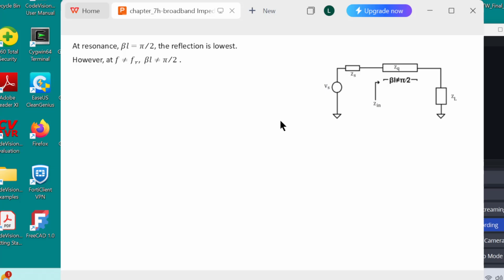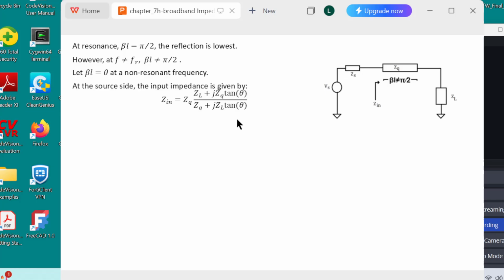But what if the frequency is slightly off? It's not going to be equal to pi over 2 anymore. So let's assume beta L is equal to a certain angle. This angle is definitely not pi over 2. From the source side, we know that the input impedance is given by this amount.